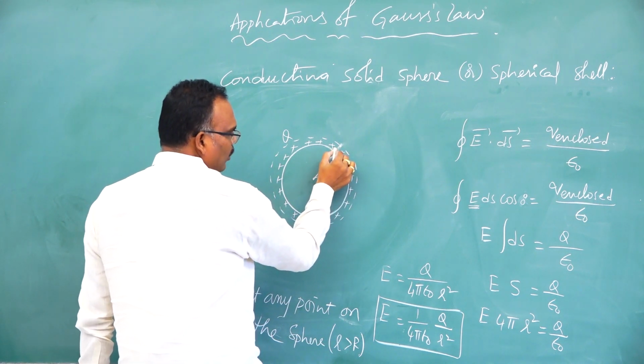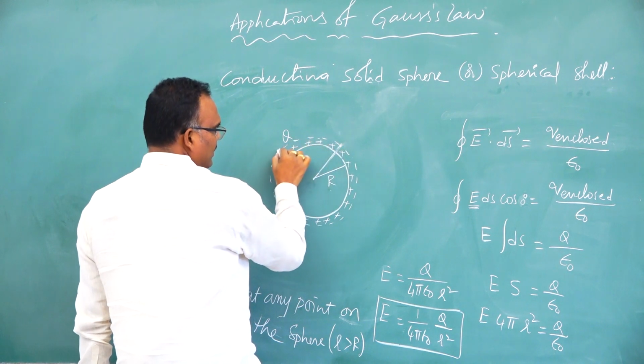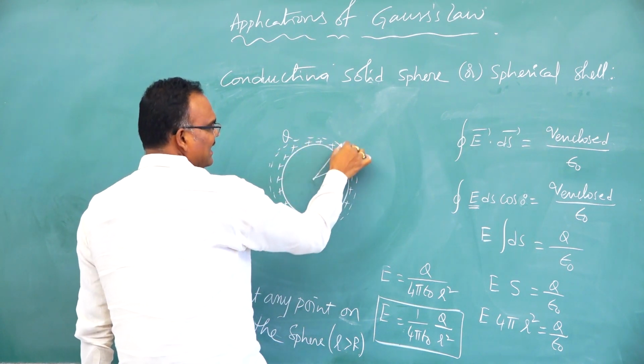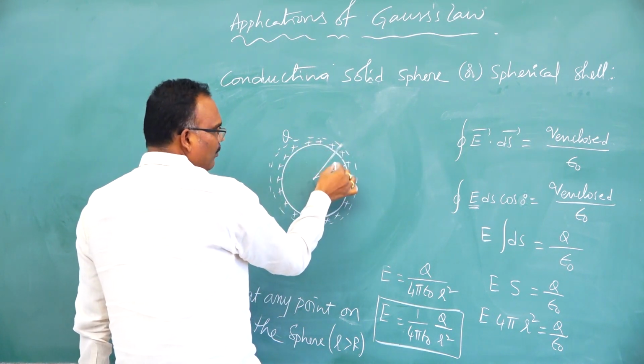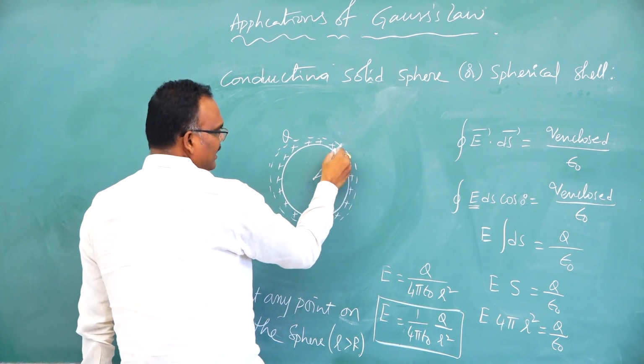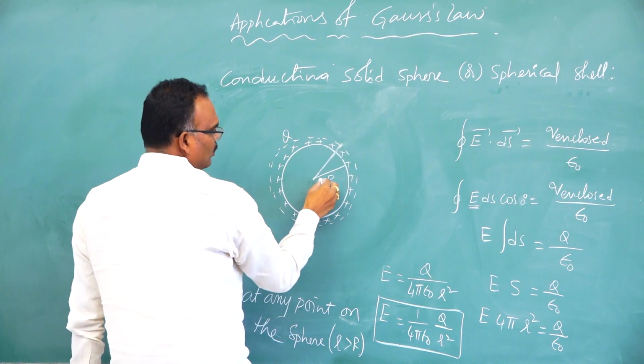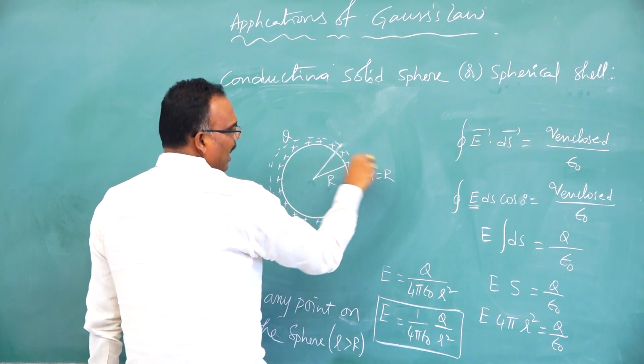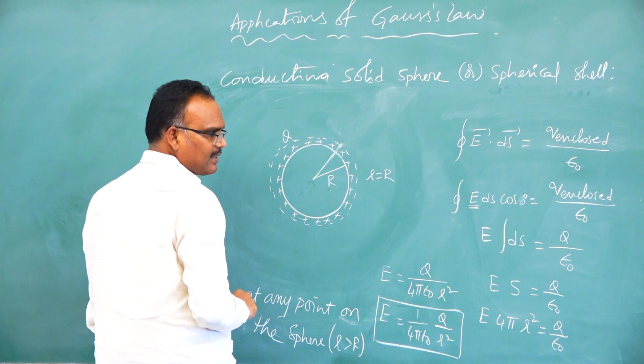Just outside is also called on the surface. See, this Gaussian surface radius is equal to capital R, because it is just outside, not by any real width. You imagine it is just outside. So small r is equal to capital R, on the surface or just outside distance.